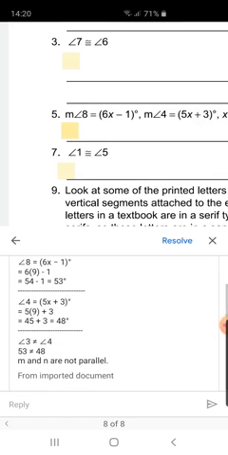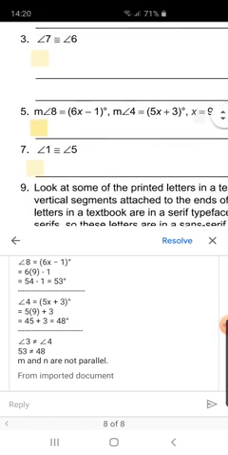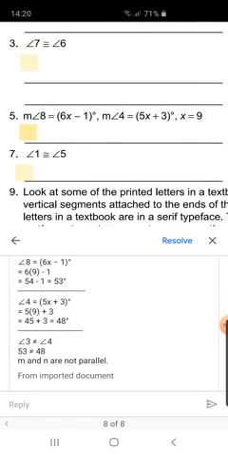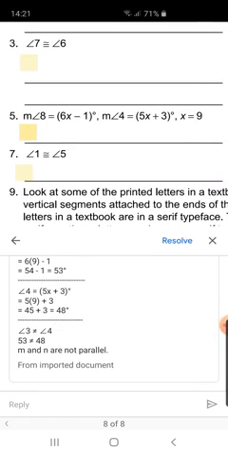Okay. So this one, x is given to be 9. Only you have to do is replace the x with 9. Okay, so you found, if you solve, you will get angle 8 to be 53 degrees, and if you solve for angle 4, you will get it to be 48 degrees.